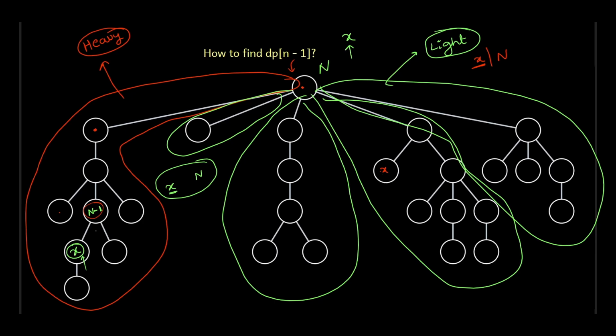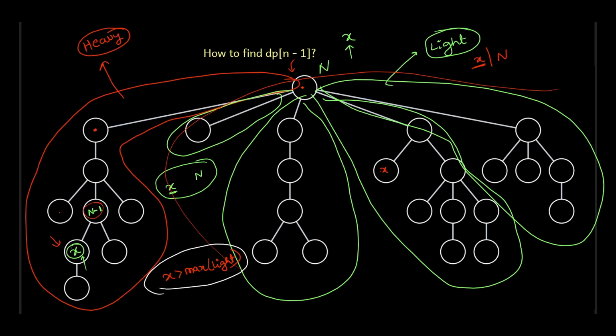So you can see that the answer is this: if x is greater than the maximum of the light set, so if this element alone is greater than the maximum of all the elements in the light set, then this means that it is powerful enough to delete all the elements from the light set, and it is powerful enough to expose the root as the leaf element.